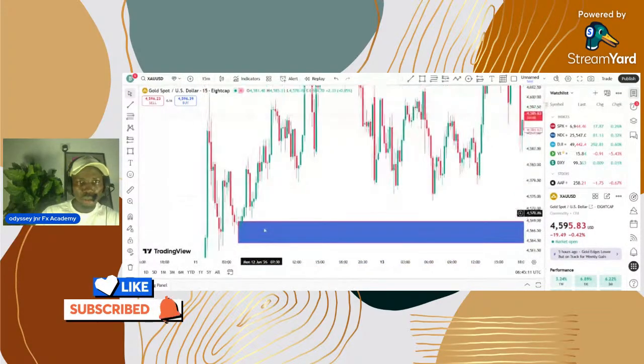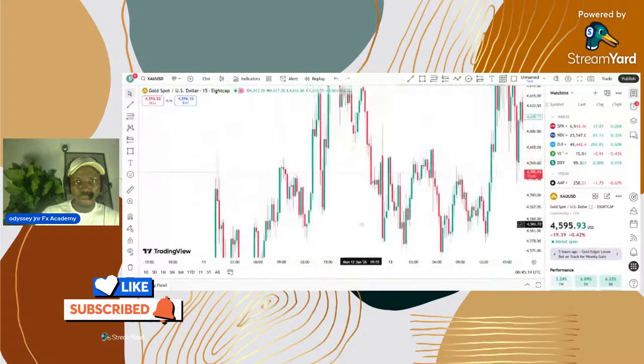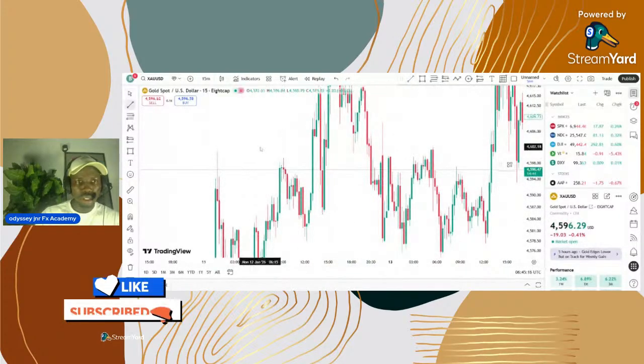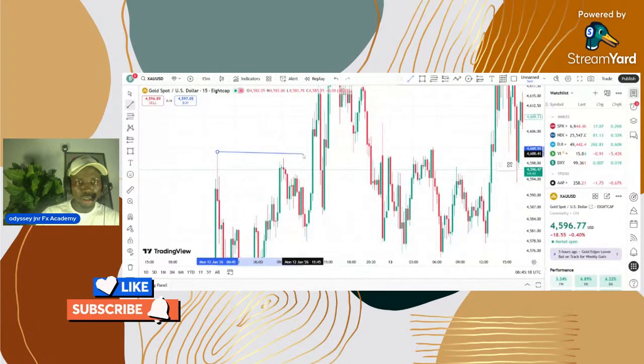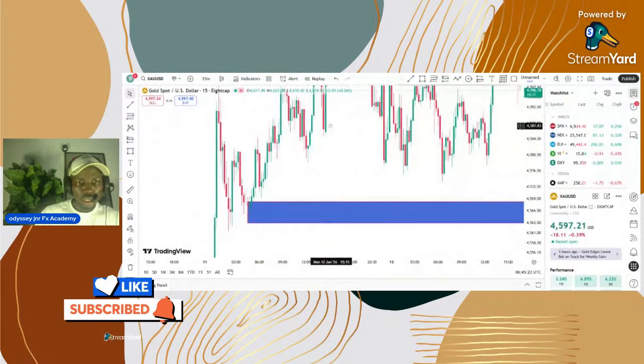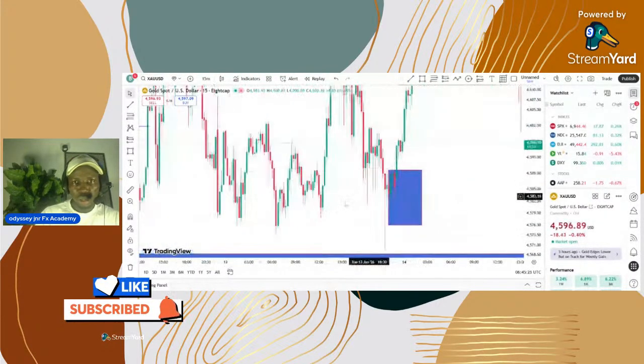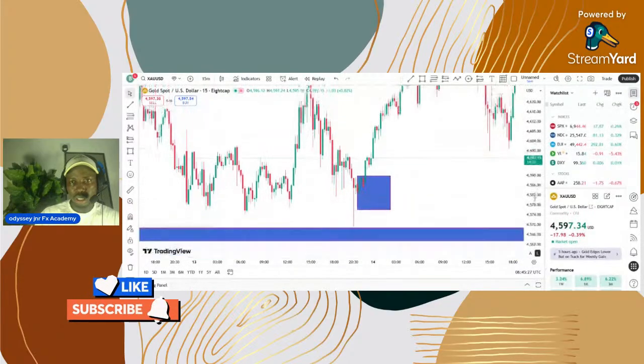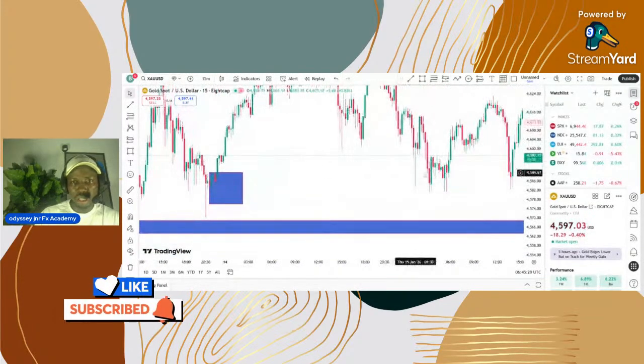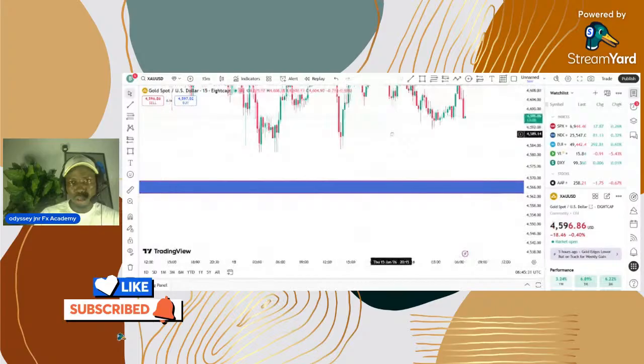This is the order block, and this is the break of structure of this order block. Here is the break of structure, and we have the liquidity zone. All these are liquidity that we expect the market to clear and then get to our order block.